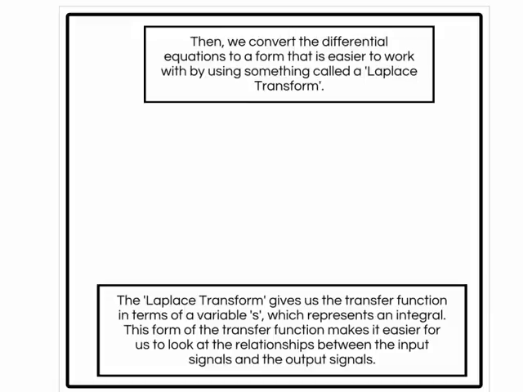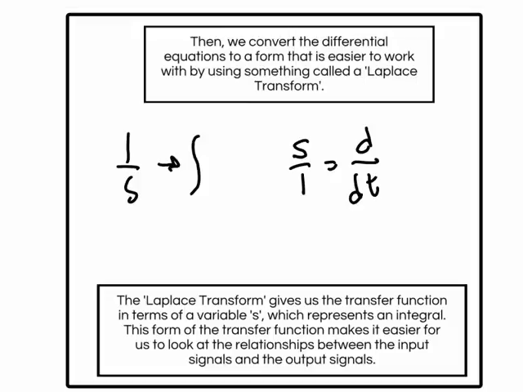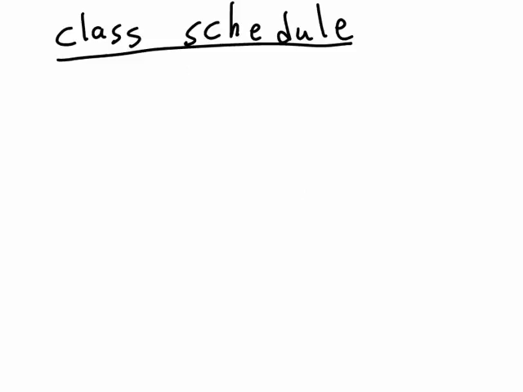The Laplace transform gives us the transfer function in terms of a variable s, which represents an integral when it is in the denominator of a ratio, and it represents a derivative when it's in the numerator. This form of a transfer function makes it easier for us to look at the relationships between the input signals and the output signals, and it allows us to do the three important operations that we talked about earlier.